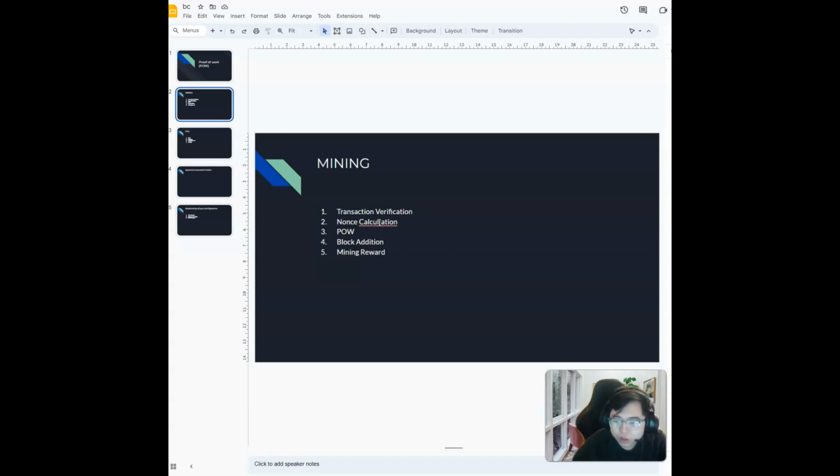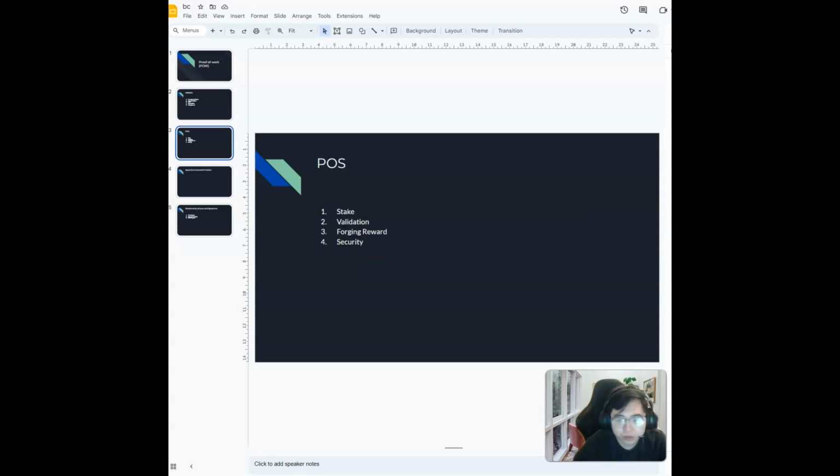The other nodes, the participants in the network, verify the work. If it's accepted, the new block is added to the blockchain. And the last one, mining reward. As a reward for the effort, the miner receives a combination of newly minted cryptocurrency and transaction fees.